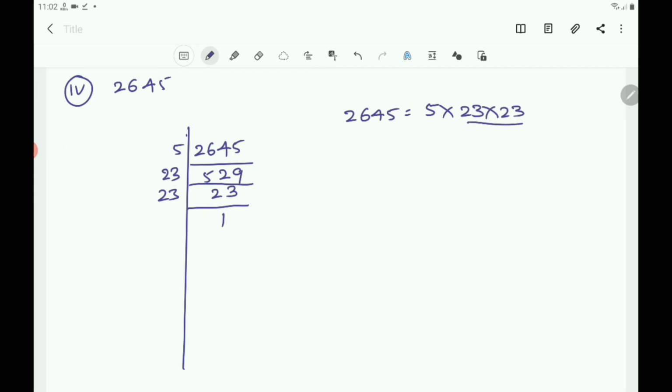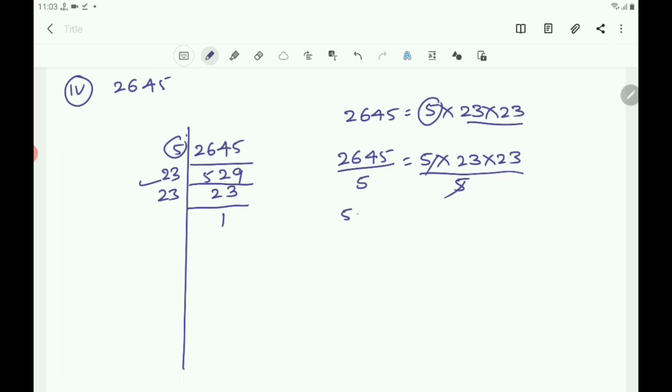Here 23 is in pair but 5 is single. So you must divide 2645 by 5 to make it a perfect square. 2645 divided by 5 equals 5 into 23 into 23, then divided by 5. 5 cancels. Here 2645 by 5, if you remove 5, 23 square you will get, that is 529.